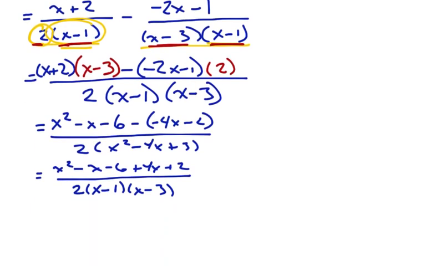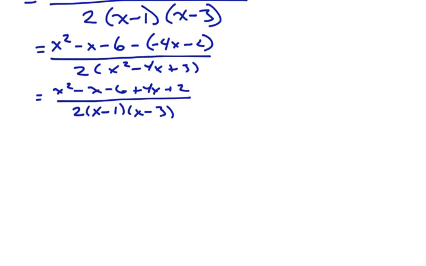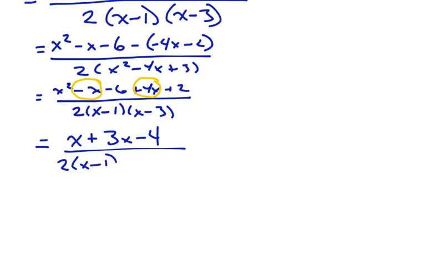Let me scoot up, because we need to keep cleaning up that numerator. We can do that by combining like terms. We have minus x and plus 4x, so that would be plus 3x. And minus 6 and plus 2 makes minus 4. Keep that thing factored in the denominator, and factor the numerator.